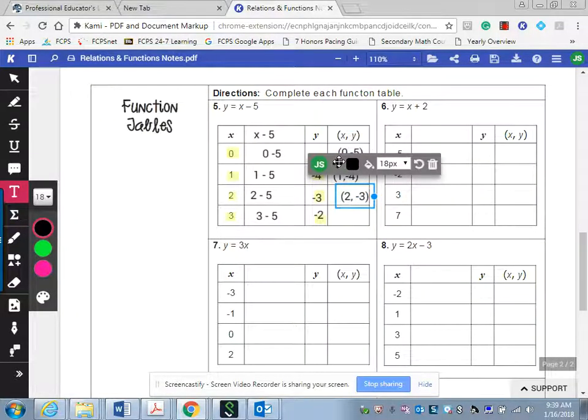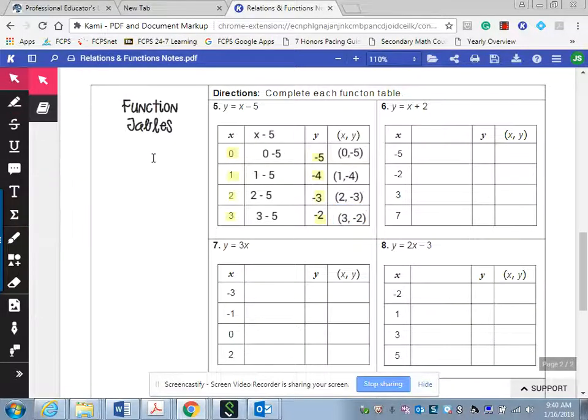And our last one is going to be 3, negative 2, okay? So once again, we used all of these inputs to get an output that ultimately created ordered pairs: 0, negative 5; 1, negative 4; 2, negative 3; 3, negative 2.